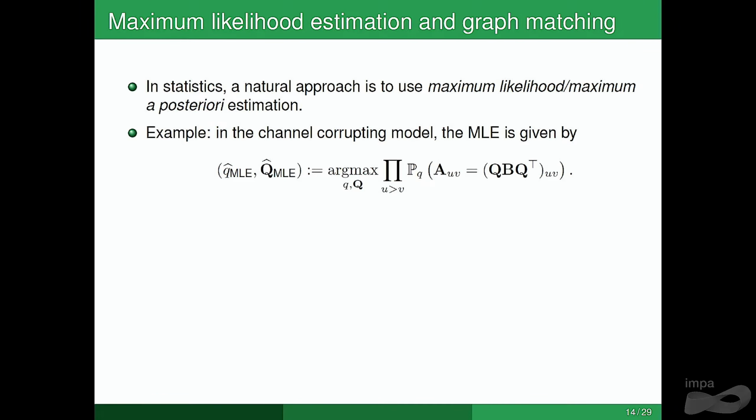We can look at the given permutation Q, and we can see what's the chance that the correspondence between A and Q B Q transpose gives you the same edge.